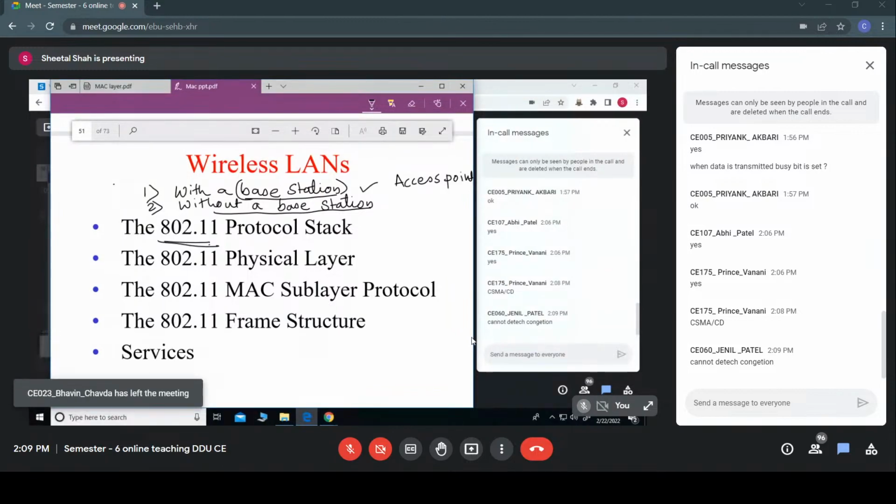But in case of wireless LAN, while it is transmitting, it cannot sense at the same time. Are you getting this? Because it is transmitting through the air, it utilizes a certain frequency for transmission, but at the same frequency it cannot receive. Are you able to get my point?